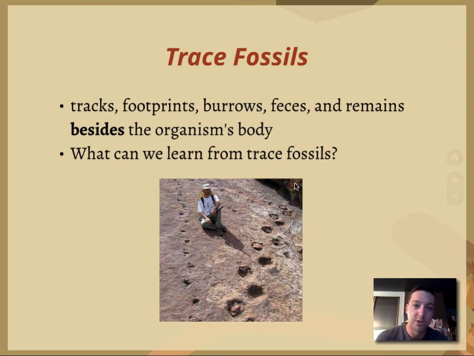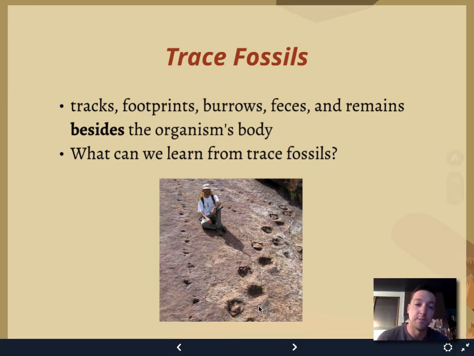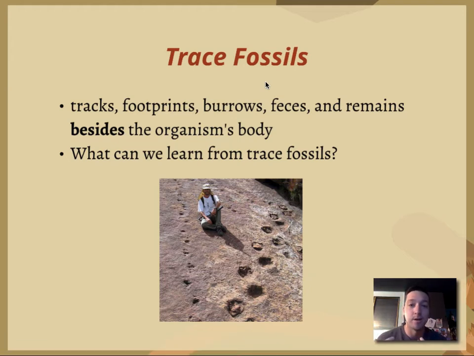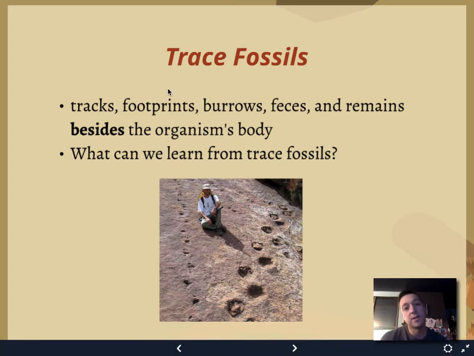Last type, trace fossils. So footprints. Footprints, tracks, burrows underground, dinosaur feces. Anything that's not the actual organism's body is a trace fossil. Any sign of how it traveled, basically, is a trace fossil.